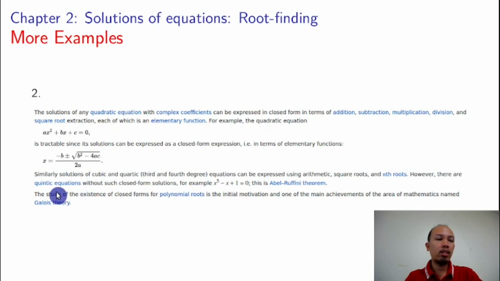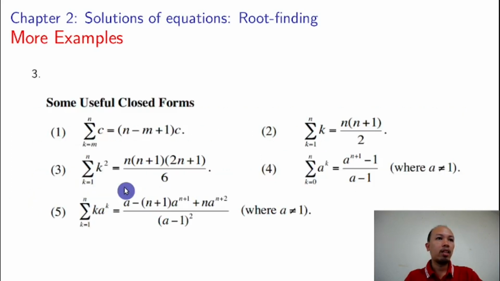Then you can extend it to any polynomial. And also you can study more in your subject in pure math about Galois theory later on. Okay. Another example we have is this closed form.